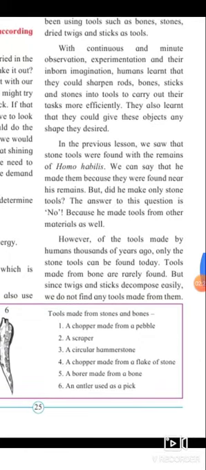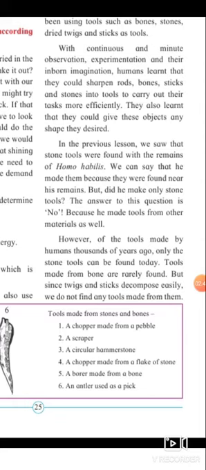In the previous lesson, we saw that stone tools were found with the remains of Homo habilis. We can say that he made them because they were found near his remains. But did he make only stone tools? The answer to this question is no, because he made tools from other materials as well.